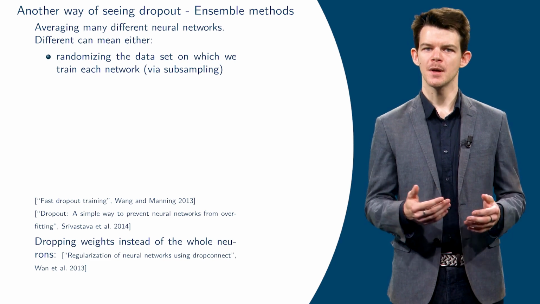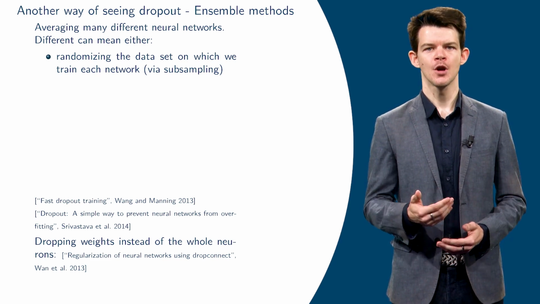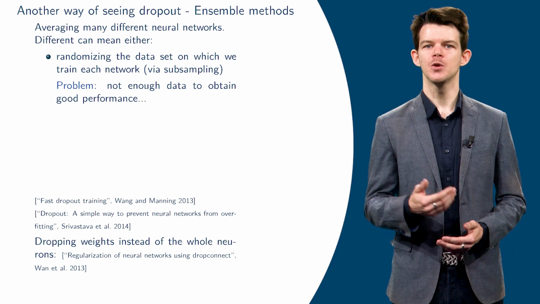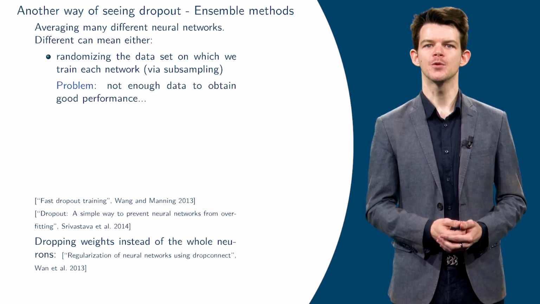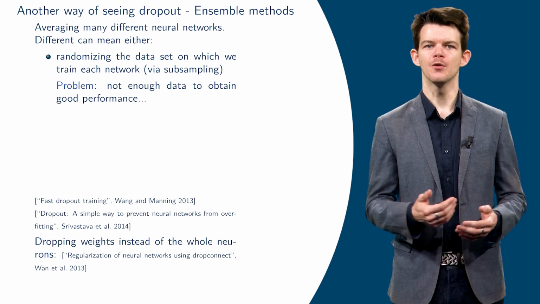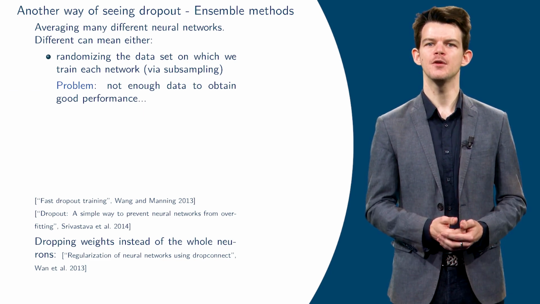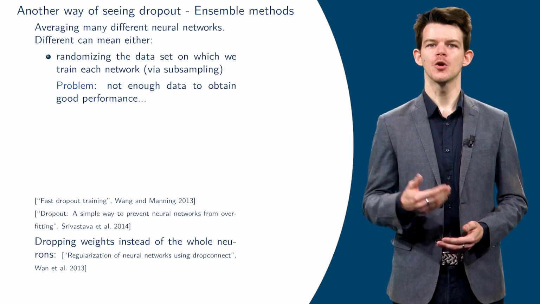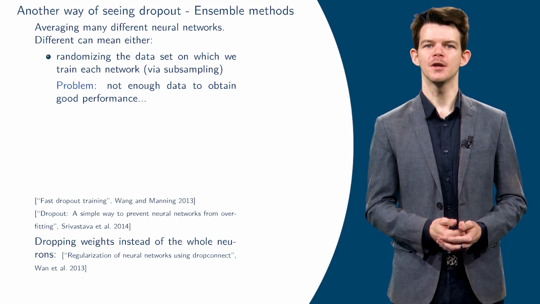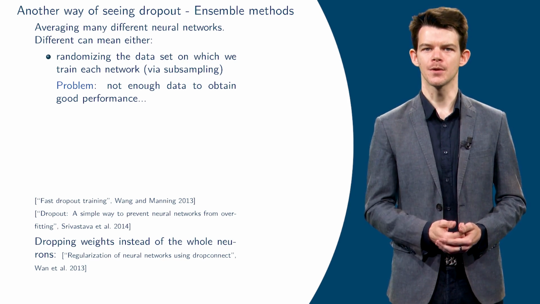You have two problems with this approach. First, you may not have enough data to obtain good performances, but more importantly, this requires training many networks, while the training of one specific network can already be very time-consuming. Secondly, the prediction, computed by averaging the predictions of all networks, would take more time than a prediction computed with a single neural network.